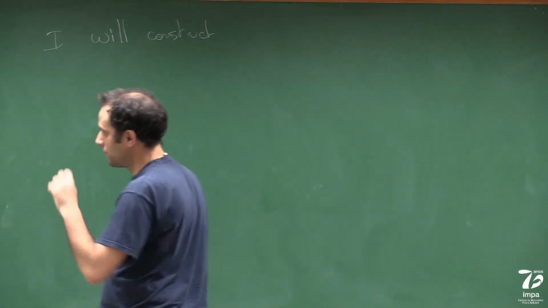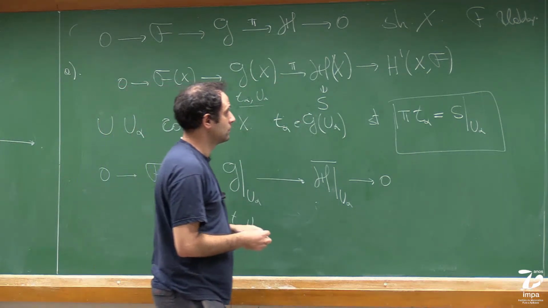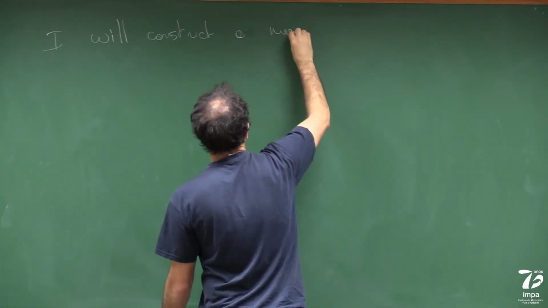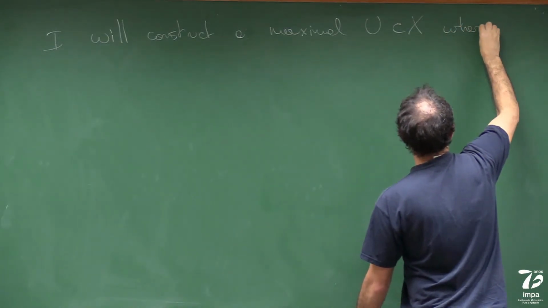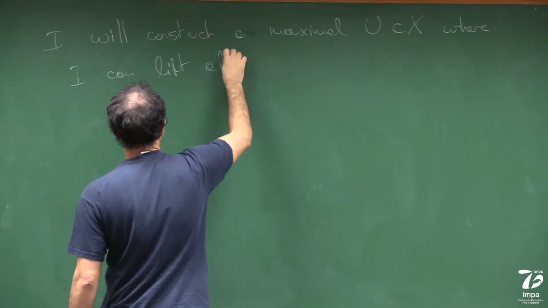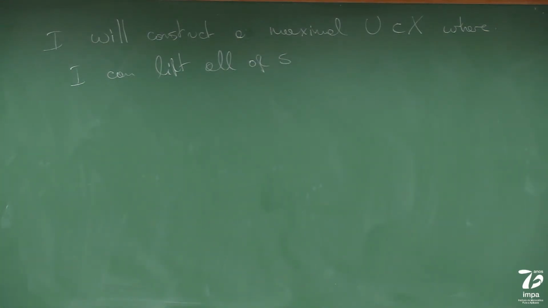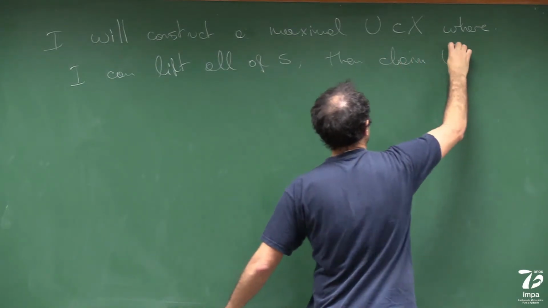I want to construct a big open in X where I can actually lift the whole S. A maximal U in X where I can lift all of S. Then I'm going to find a maximal U, and I'll claim that that maximal U has to be X.